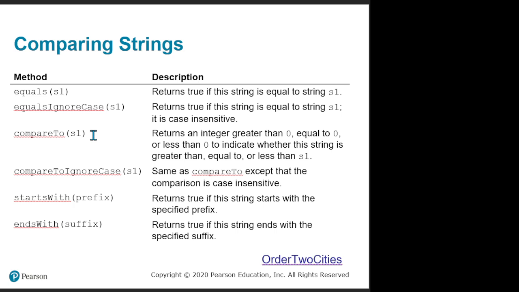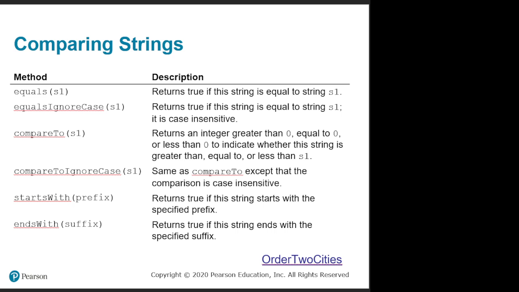And compareTo, we have an integer that's greater than 0, equal to 0, or less than 0 to indicate whether the string is greater than, equal to, or less than the string it's being compared to. And we'll play with that to see what the output is on it. We can use compareToIgnoreCase.